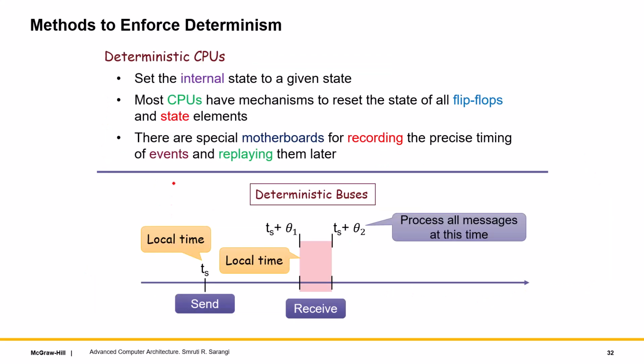So the question is, can we have, for the purpose of debugging or even for the purpose of execution, a deterministic CPU, which means that its internal state for the same set of actions will always be the same, right? Again, as I said, let's not confuse this with an executing program.